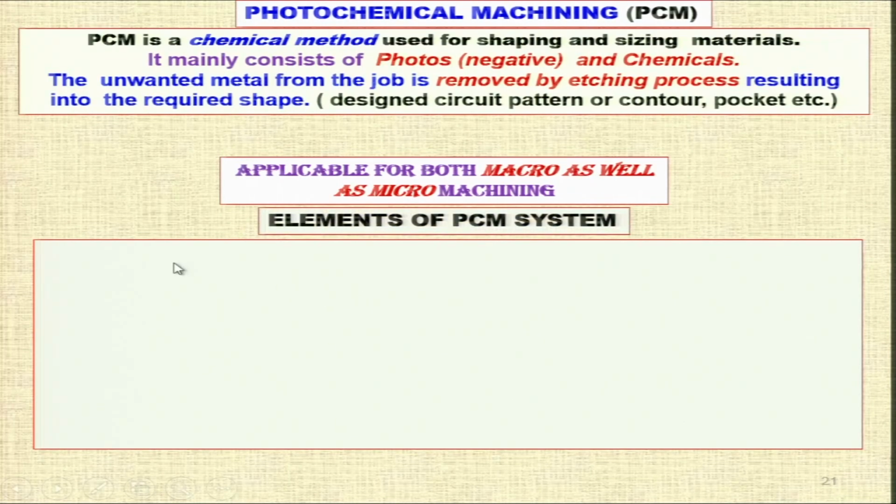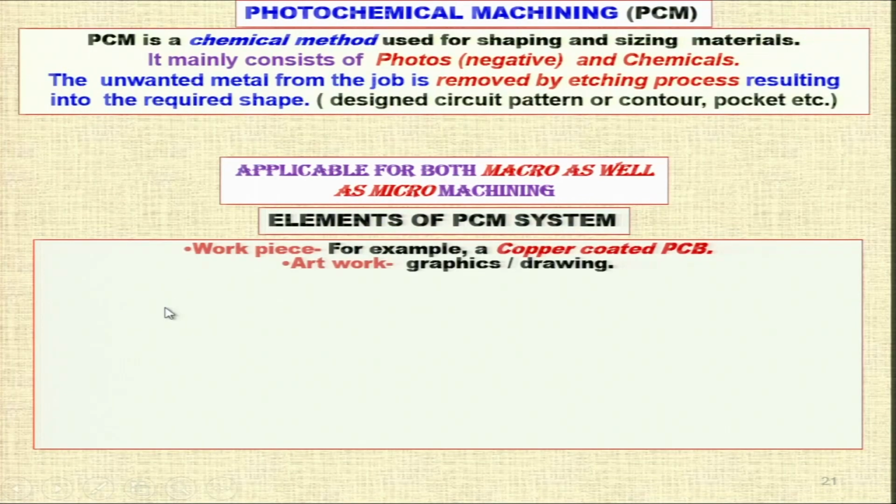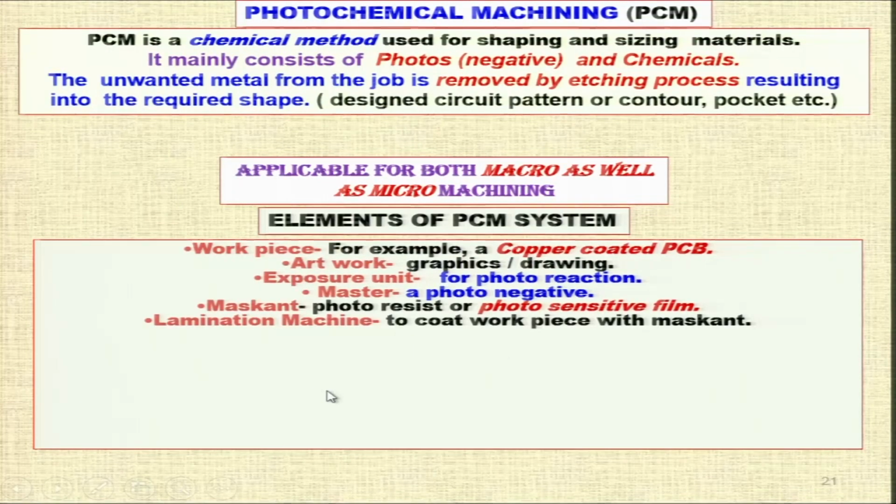Elements of photochemical machining system. Workpiece, for example, copper coated PCB, printed circuit board. Artwork, graphics, drawing. Exposure unit for photoreaction. Master, a photonegative. Maskant, photoresist or photosensitive film.